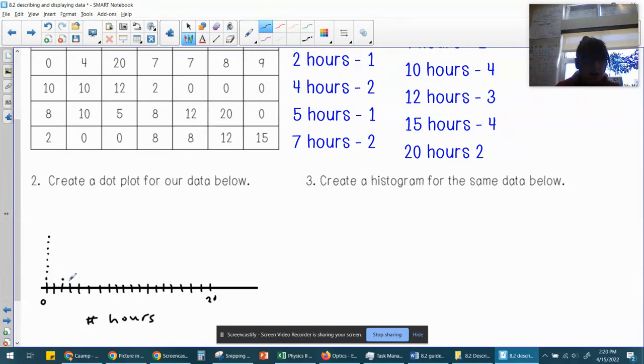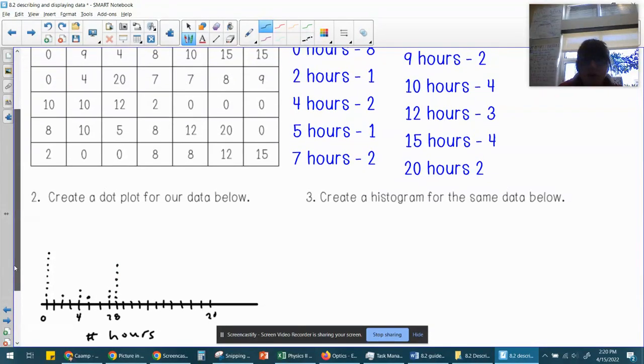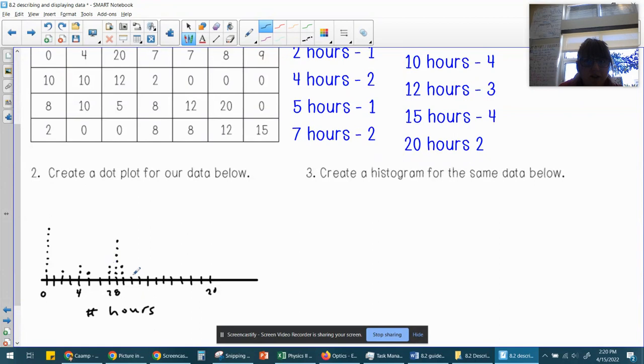At 2 hours, we had 1 person. At 4 hours, there were 2 people. One person at 5. 7 had 2 people. 8 had 6. 2 people at 9. 4 people at 10. 3 people at 12.